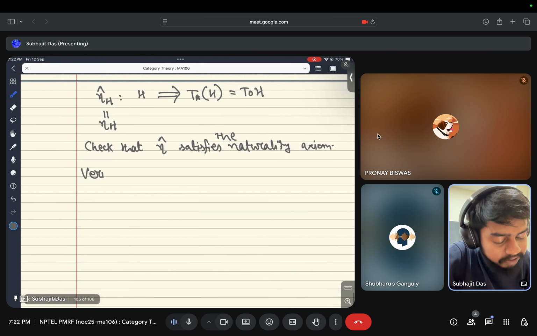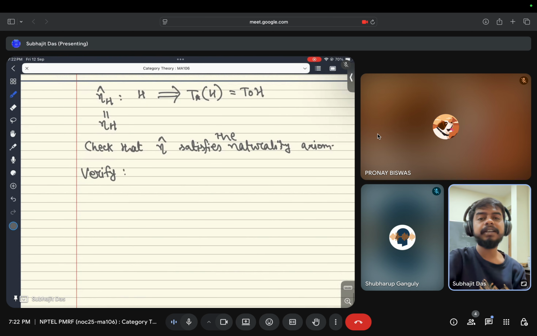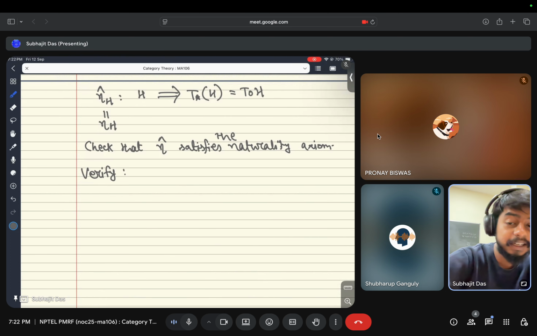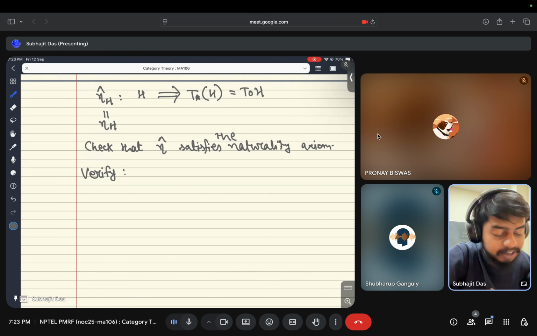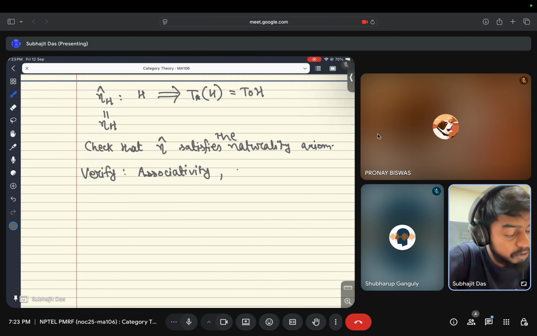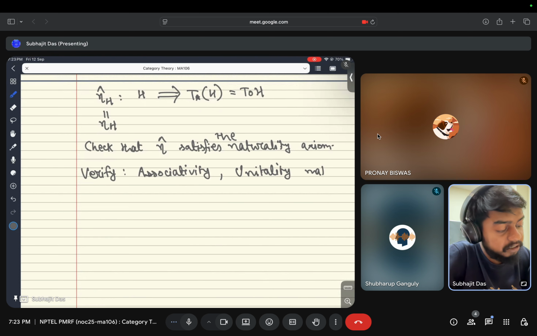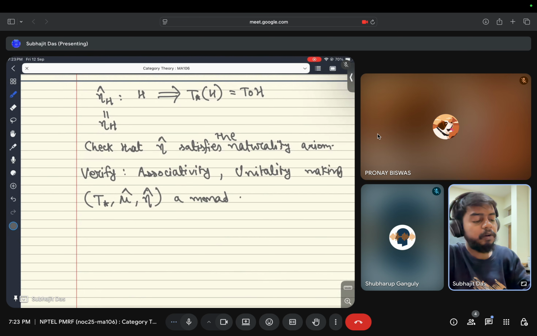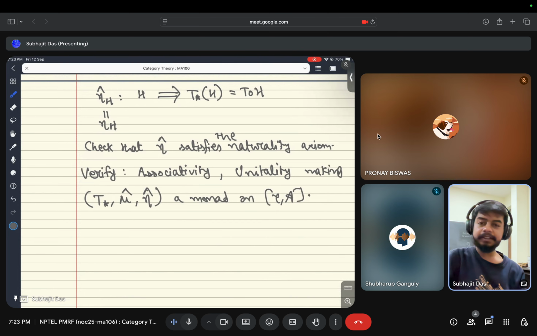Verify. What else do you need to verify? We won't do this. You can just verify this on your own, to the readers, I mean to the viewers. What do we need to verify? First of all, the associativity and unitality, making t star, mu hat, eta hat a monad on C comma A, right?